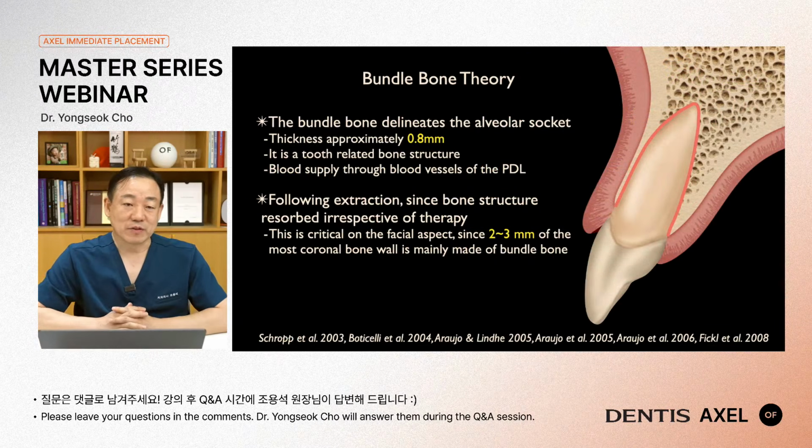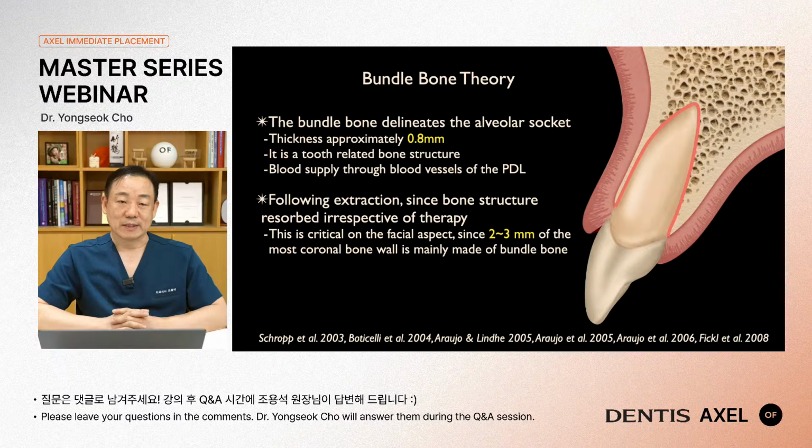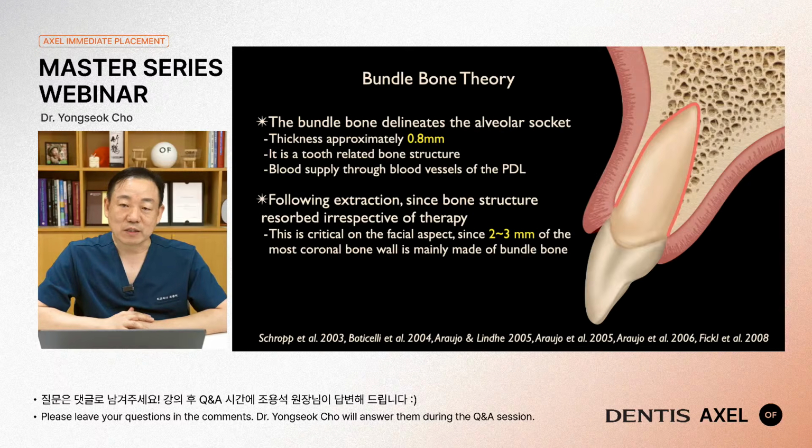Anterior maxillary region is always challenging because of bundle bone existing at the labial side. Bundle bone is a tooth-dependent structure which holds a periodontal ligament. When we lose the tooth, periodontal ligament will be lost. As a result, bundle bone will eventually resolve. Okay?